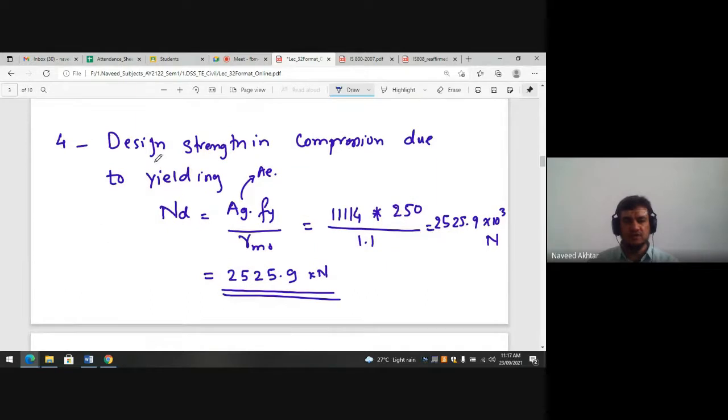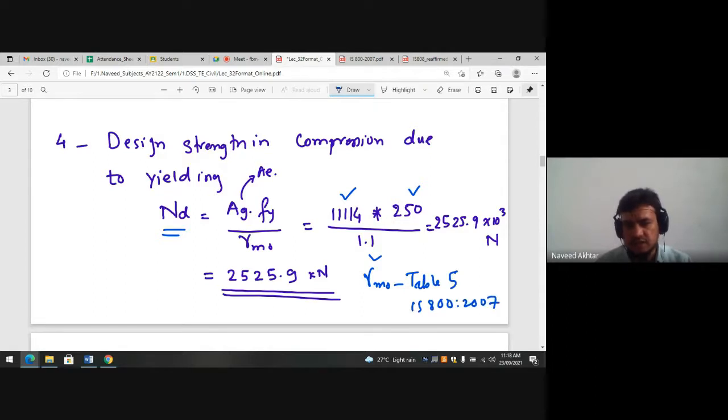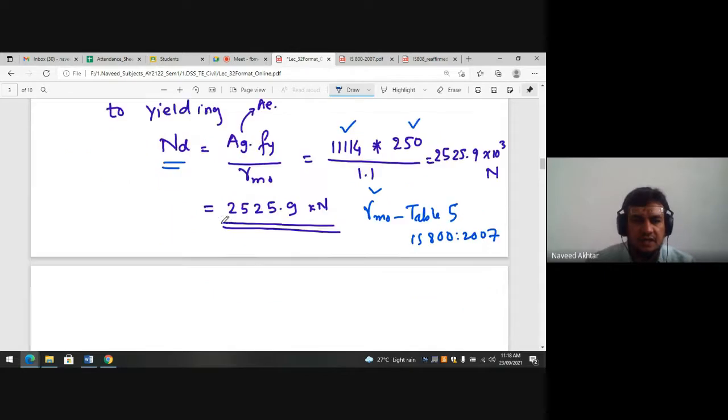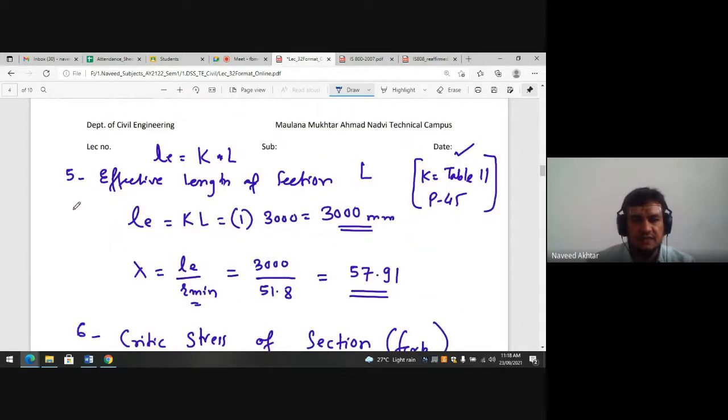Then we find the design strength in compression due to axial load. Nd is equal to Ag fy upon gamma m0. Ag we know, fy we know, and gamma m0 we can take from table number 5 of IS 800:2007.